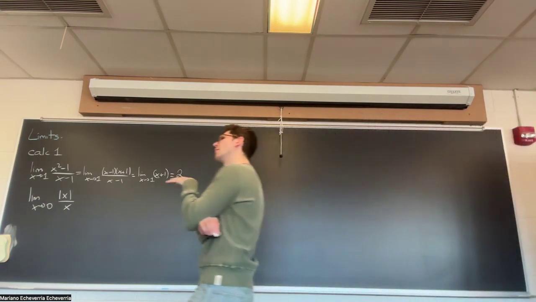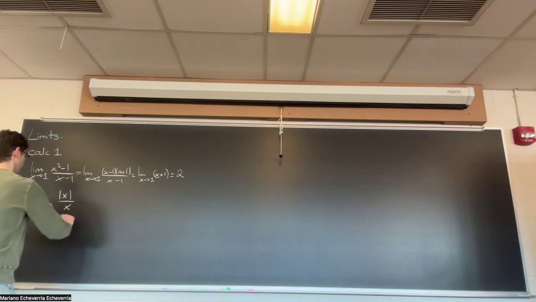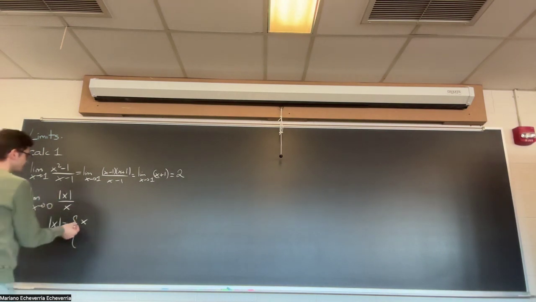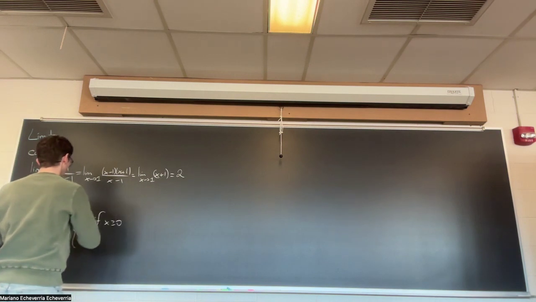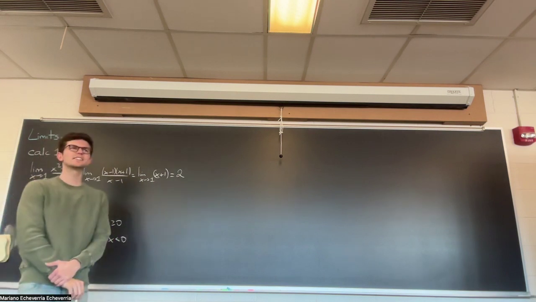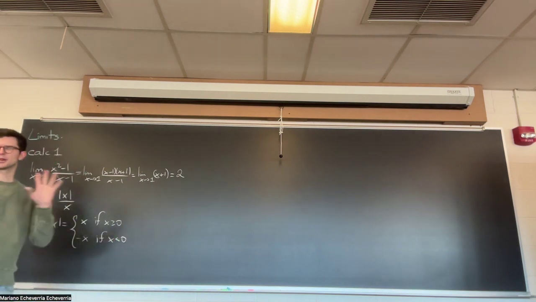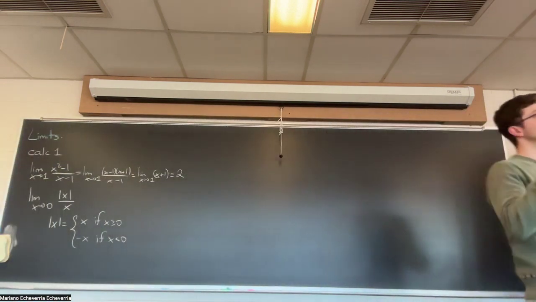So what happened in this case is that secretly, if you think about absolute value of x, well, what's the absolute value of a number? That's x if x is greater or equal to 0, or negative x if x is negative, right? So essentially, by using absolute value, you are defining a function piecewise.